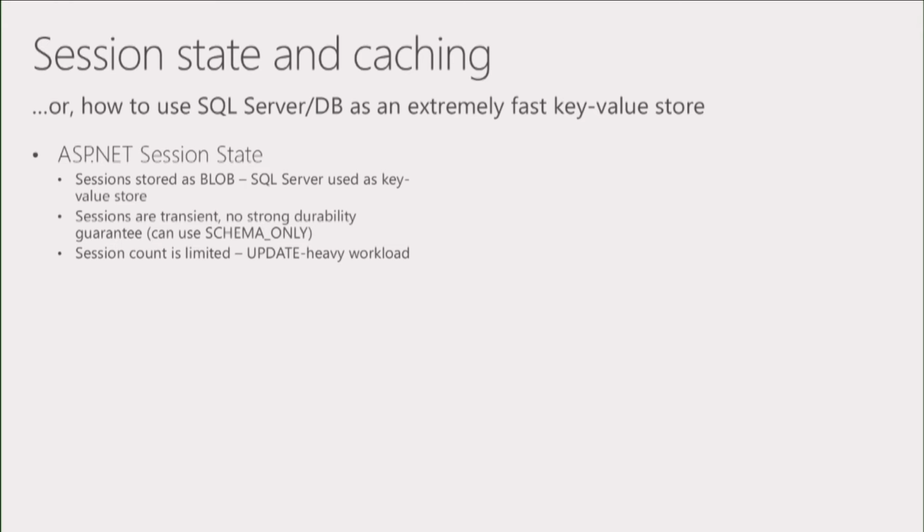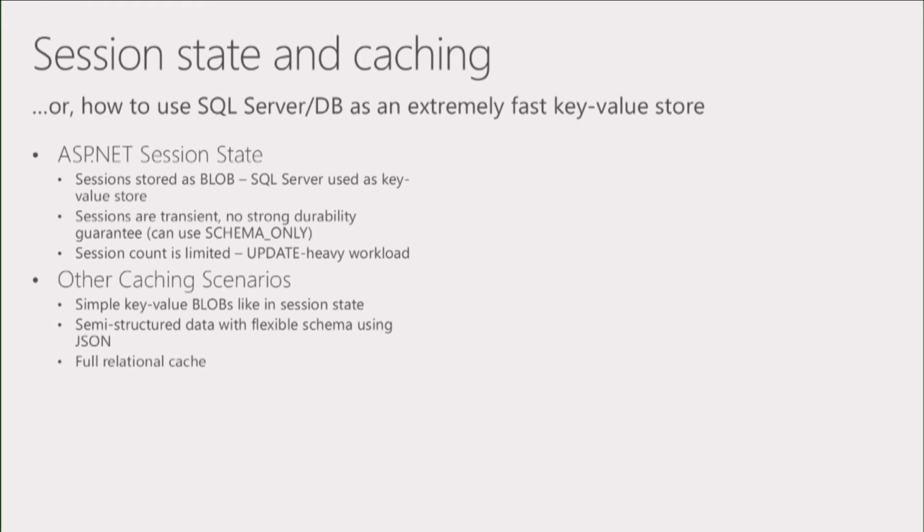So the session count is actually limited, and this is a very update-heavy workload. In-memory OLTP usually performs really well for those. And there are also other caching scenarios, like simple key-value pairs, where, similarly to ASP.NET, your mid-tier app just wants to store some stuff somewhere temporarily.